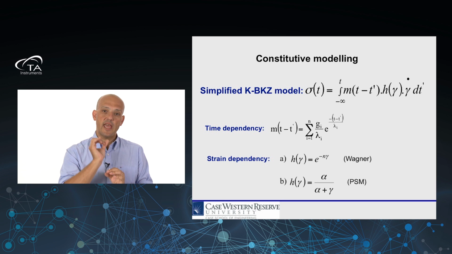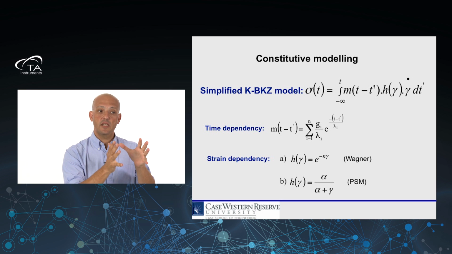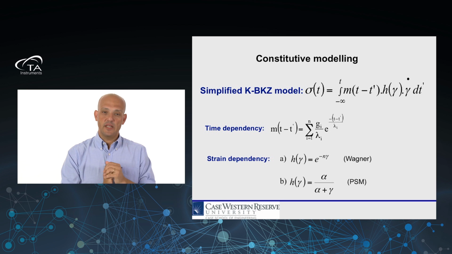And what this model has, forgetting about the equations for a moment, it has two components. It has a time dependency, which is given by that function m, okay? And it has a strain dependency.